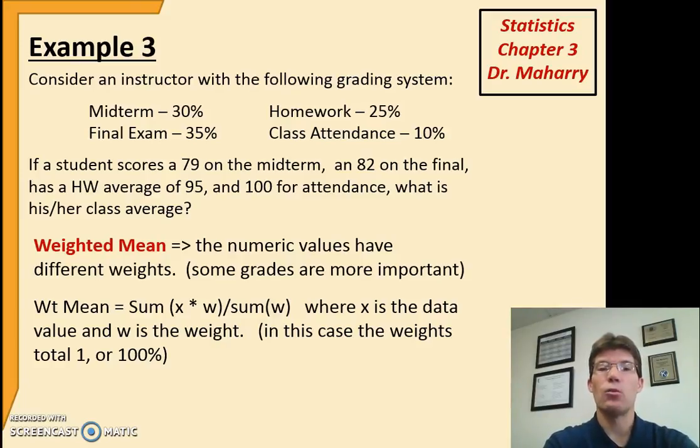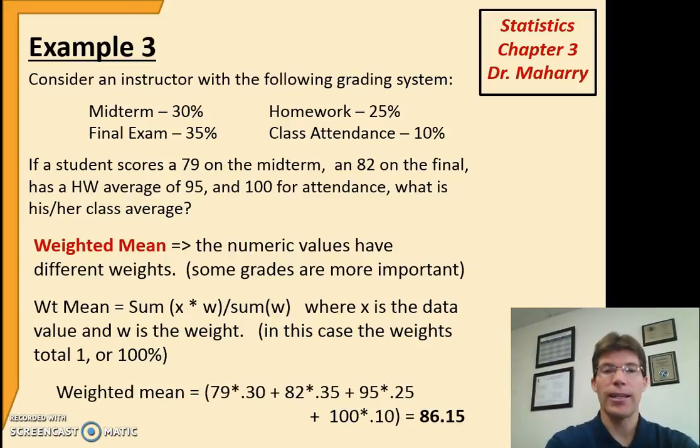In this case, the weights are percentages, and notice they add up to 1, or 100%. So if I take 79 times 30%, or 0.3, 82 times 0.35, etc., I get an overall average of 86.15. Hence a weighted average. The midterm and final carried more weight than the homework and class attendance.